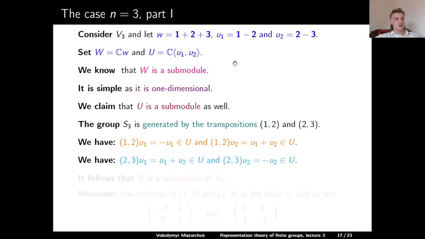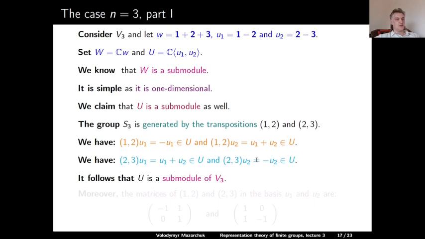So (2 3) sends U1 to 1 minus 3, which is U1 plus U2. And it sends U2 to minus U2. So in particular, both these transpositions send the elements U1 and U2 to elements in U. So it means that U is a submodule of V3.